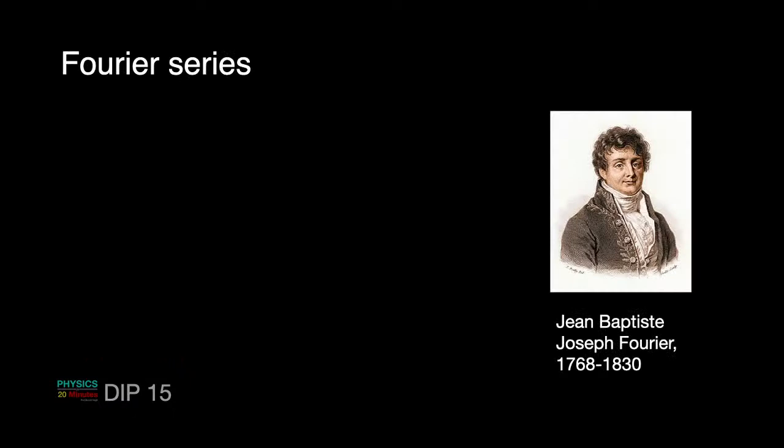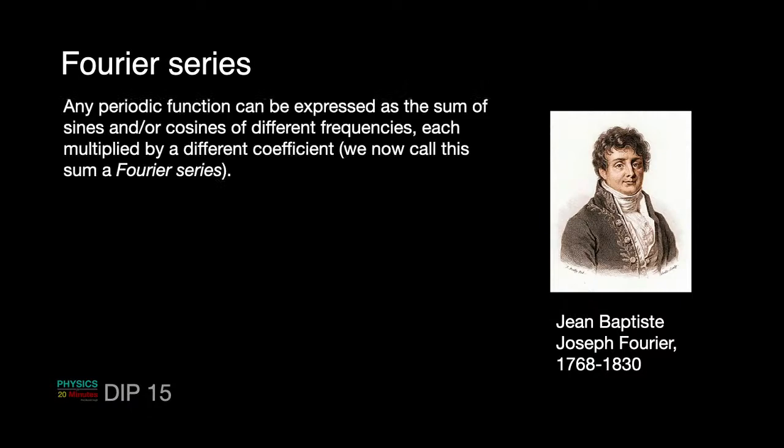So Fourier series, as we all are familiar with it, I'm sure all of you have studied this in lower classes. Joseph Fourier, born in 1768 and died in 1830, in France, presented a mathematical tool by which any periodic function can be expressed as a sum of sines and/or cosines of different frequencies, each multiplied by a different coefficient.